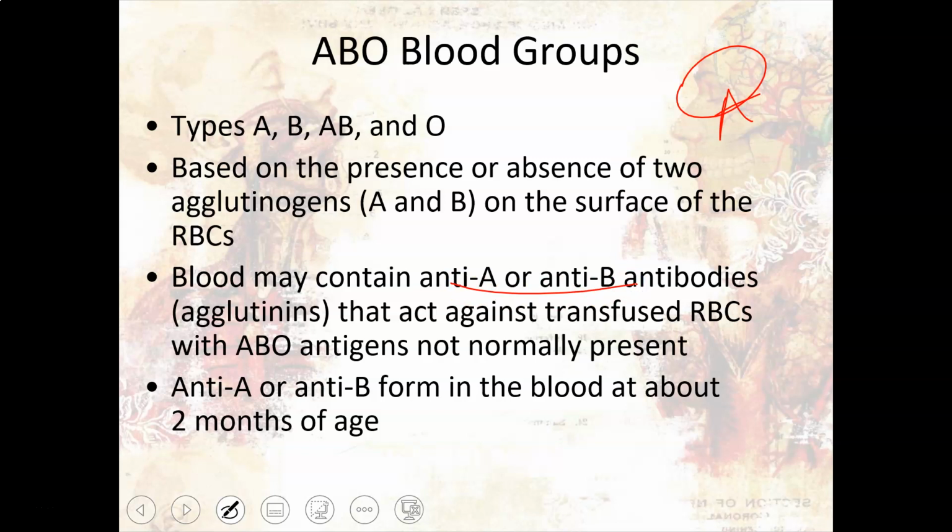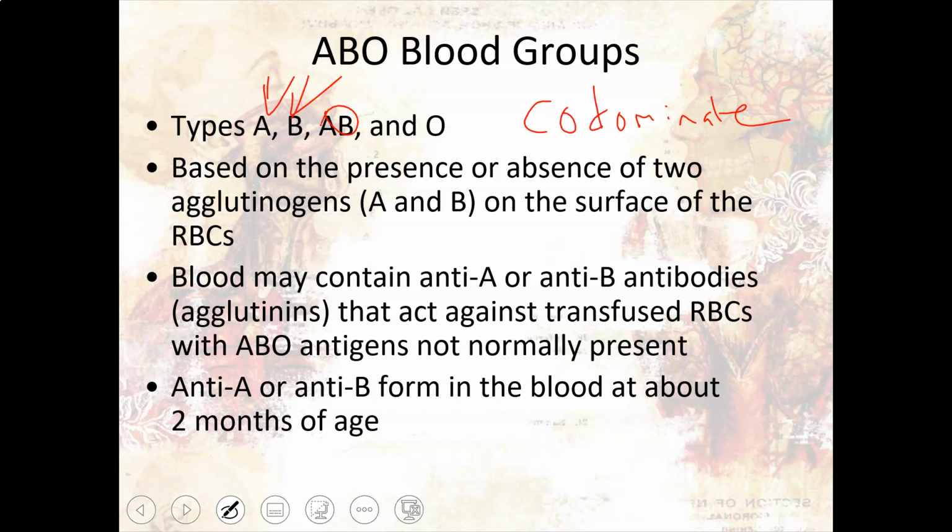Now how does this come about? Well, it's genetic. Types A and B are what we call co-dominant alleles, which means the A is a dominant, but the B is also a dominant allele, which is how we get type AB.